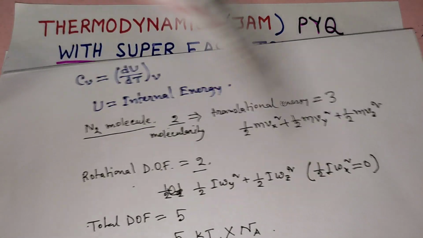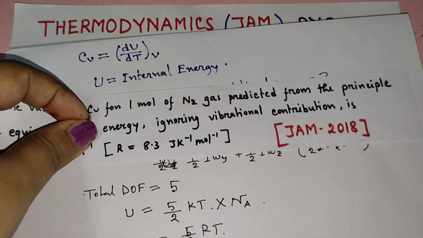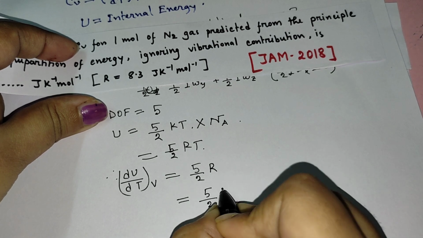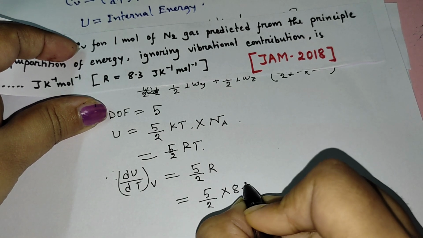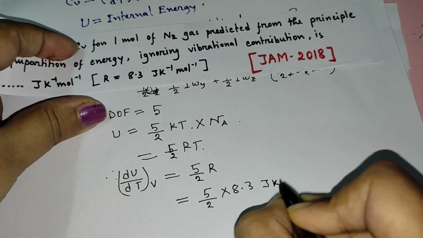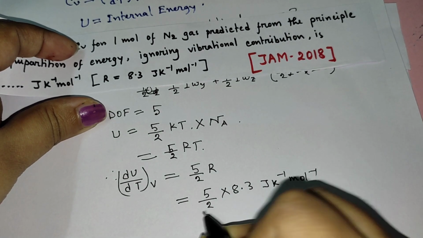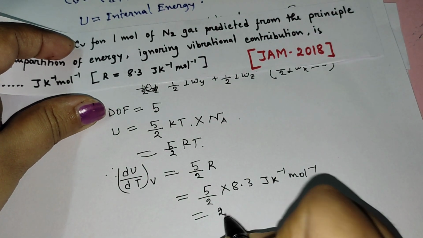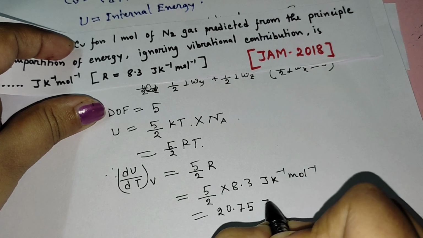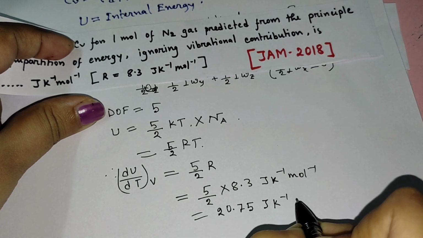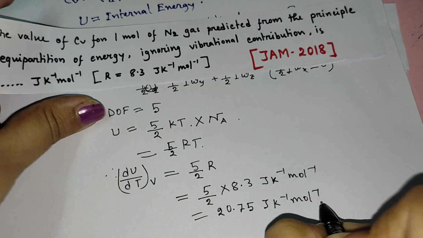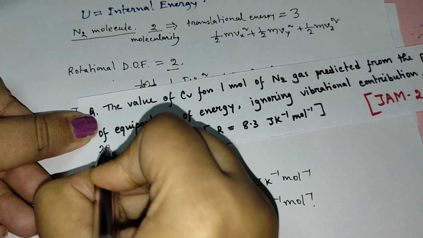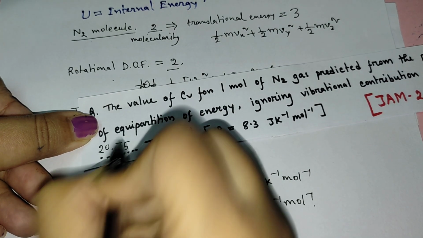The value of R is given as 8.3 joule per Kelvin per mole. So 5/2 into 8.3 joule Kelvin inverse mole inverse is equal to 20.75 joule Kelvin inverse mole inverse. So the right answer should be 20.75.